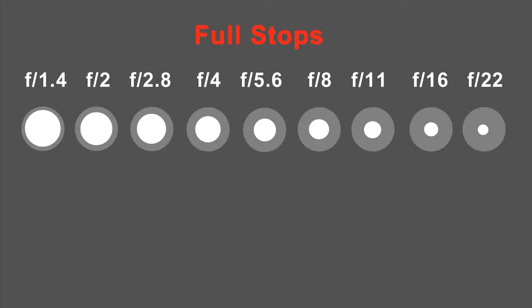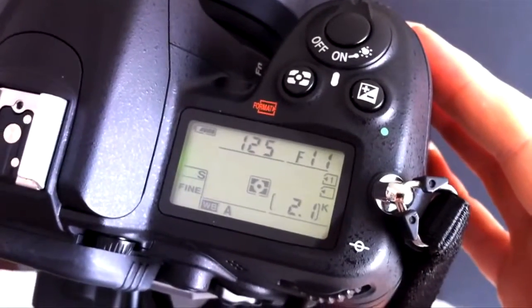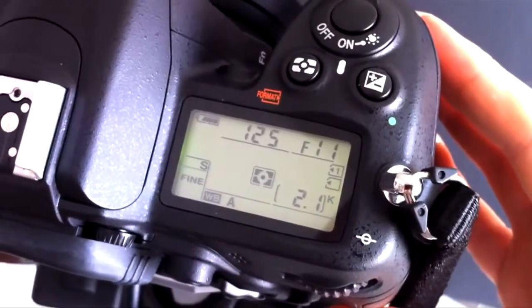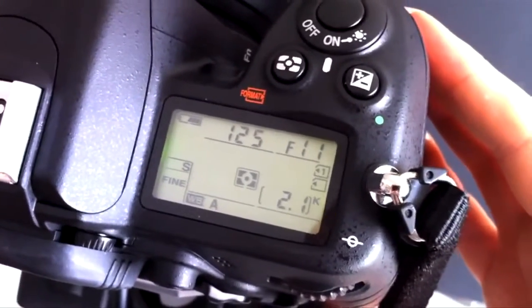This way, f1.4 lets twice as much light as f2, and f2 lets twice as much light as f2.8, and so on. You should also know that some modern cameras can also display half of the stop or even 1/3 of the stop between full stops.